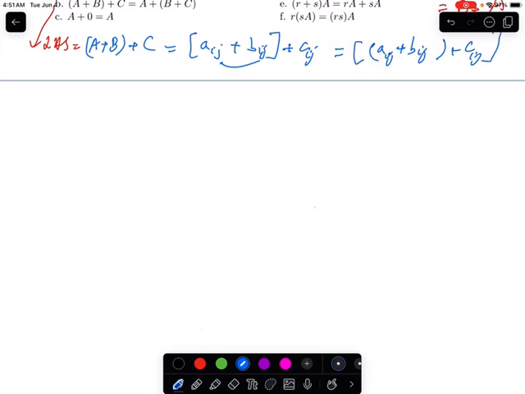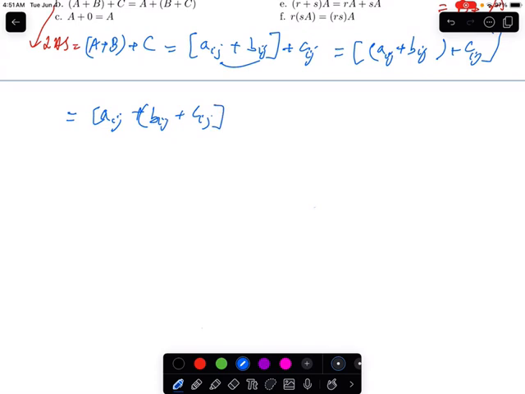So we can write it like is equal to bracket Aij plus, now I will shift the bracket to Bij plus Cij. That's what we can do with numbers. And bracket closed. But what is this now?